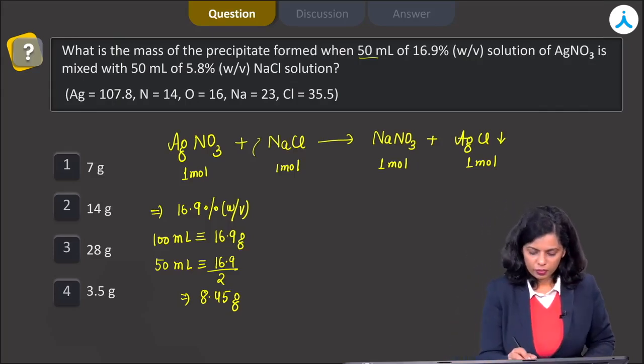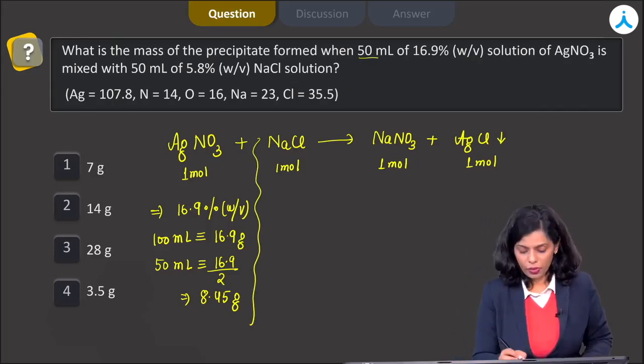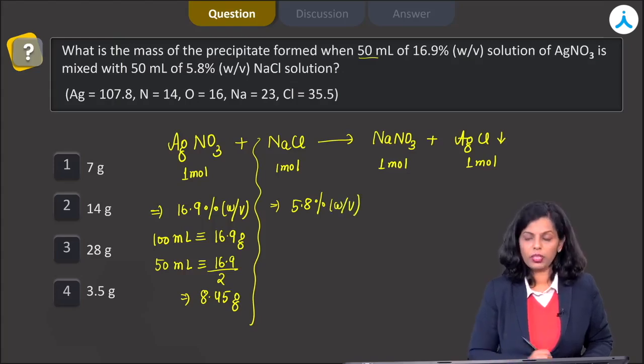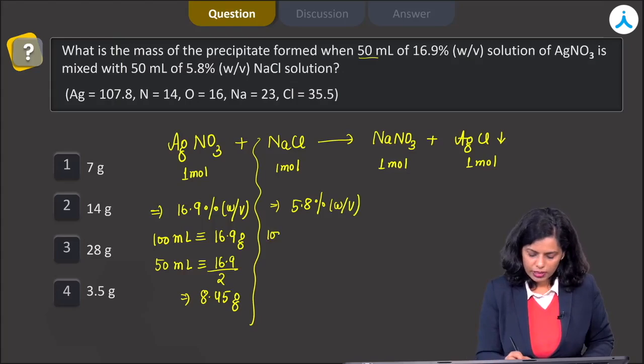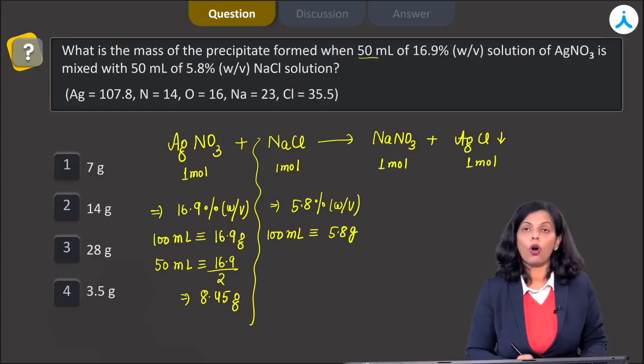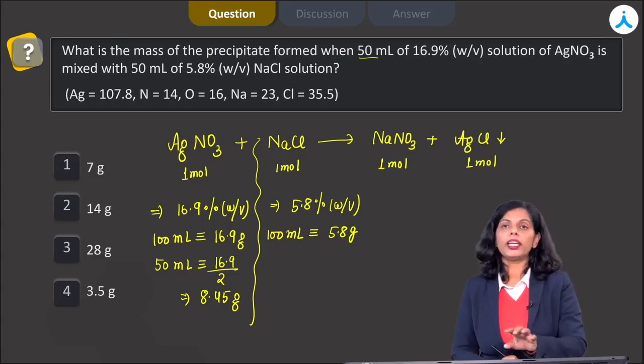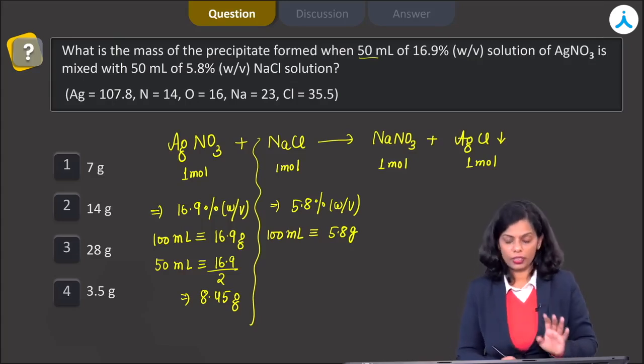So, one thing is clear. The second thing, NaCl. This is how much? It is 5.8% weight by volume. Once again, you can simply say that 100 ml of solution contains 5.8 gram of NaCl, right? If the solution is 100 ml, 5.8 gram is the mass of NaCl in it. Okay.